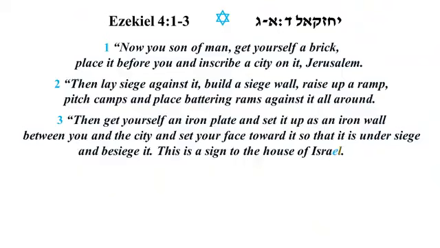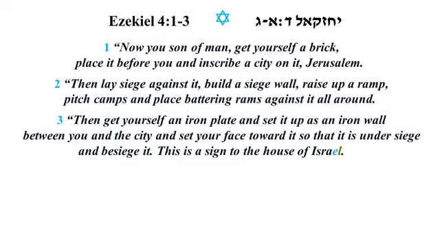And God is telling Ezekiel, now you, son of man, get yourself a brick, place it before you, and inscribe a city on it, Jerusalem. Then lay siege against it, build a siege wall, raise up a ramp, pitch camps, and place battering rams against it all around.